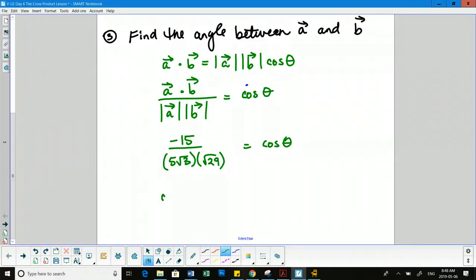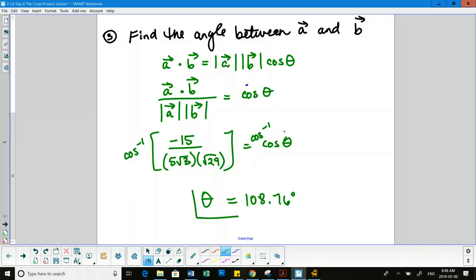And then we will do cos inverse of that expression. Or I guess I'll just do it up here so I don't have to rewrite it. Let's do cos inverse, and theta equals? Beautiful.